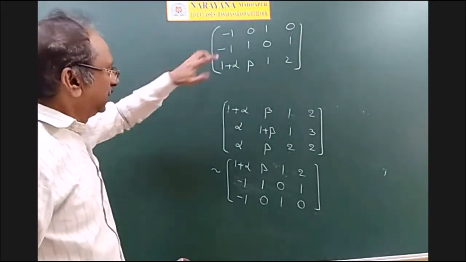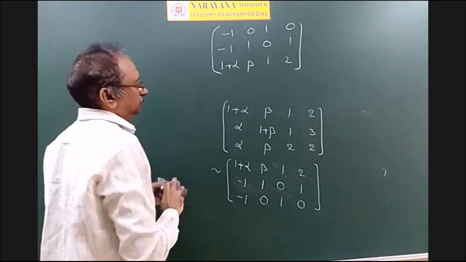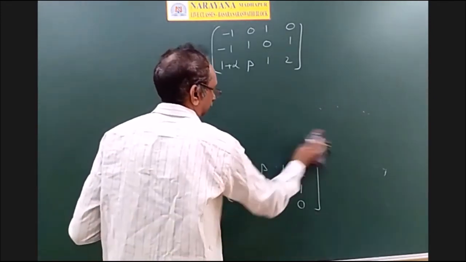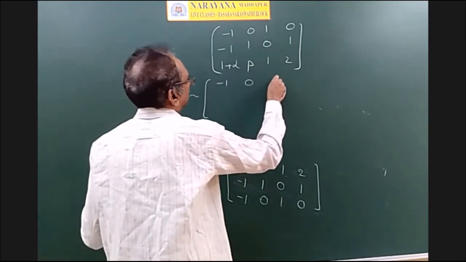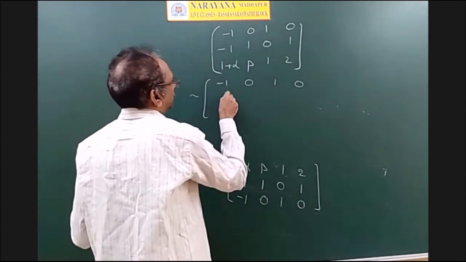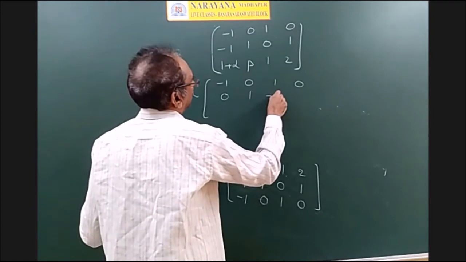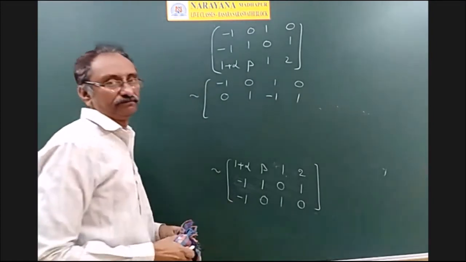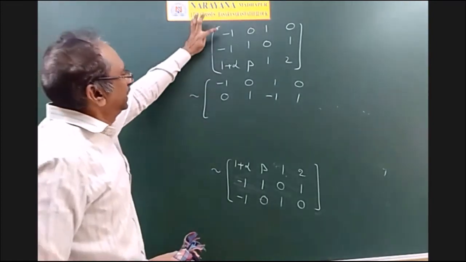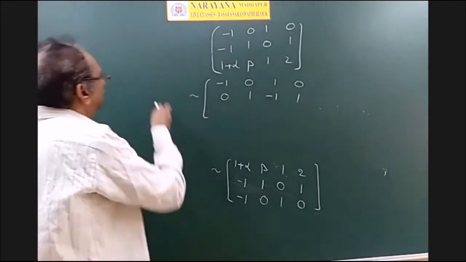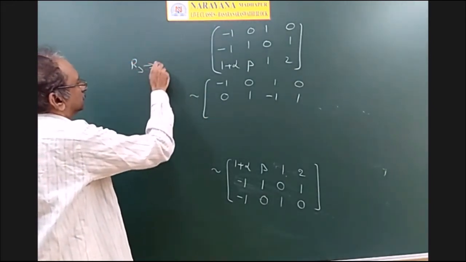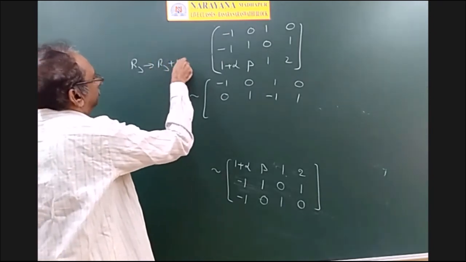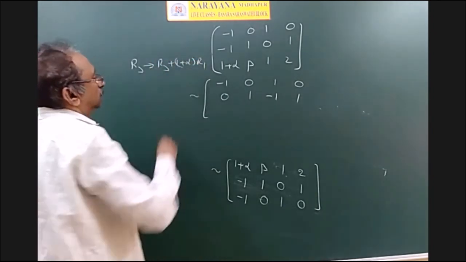And now I can make this 0 easily. Minus 1, 0, 1, 0. Just subtract: 0, 1, minus 1, 1. Right. And now multiply this with 1 plus alpha. R3 becomes R3 plus (1 plus alpha) into R1.